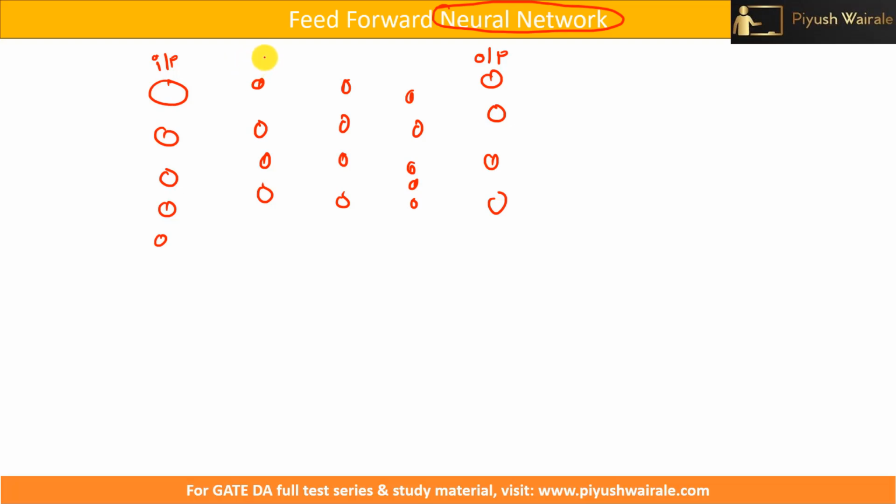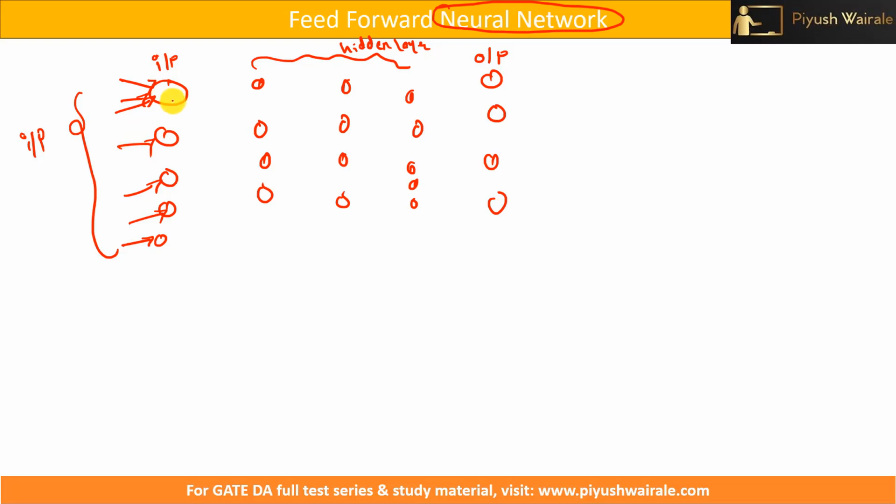This is basically a hidden layer, right? These are all called hidden layers. Each neuron will take a different input here. You can see different inputs. So this will act as the input to a neural network, right?